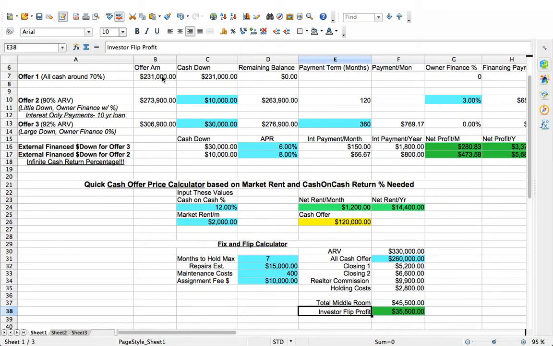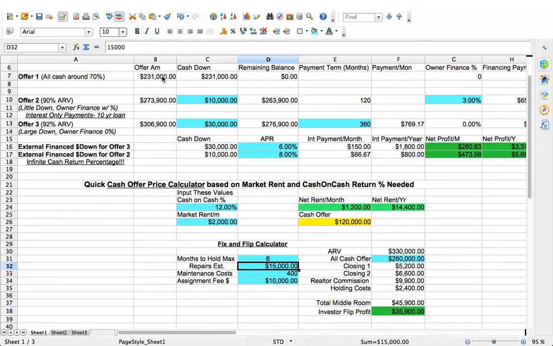For fix and flip, I'd find myself constantly referring back to how much a closing will cost and so on. So I just put in a quick calculator, months to hold max. So maybe if the market's a bit slow, but if you price your house right and have it staged properly, it's probably going to sell pretty quickly. So you probably want to have like a 6 months max.